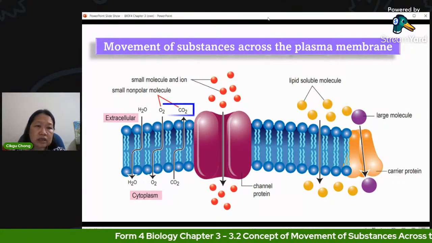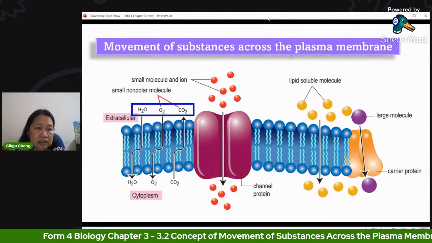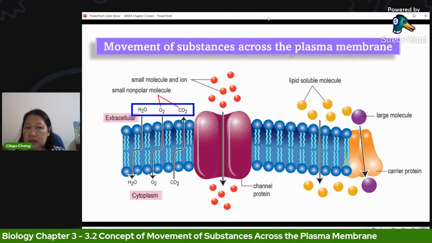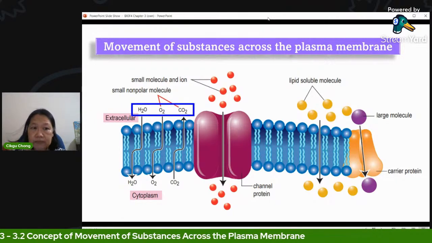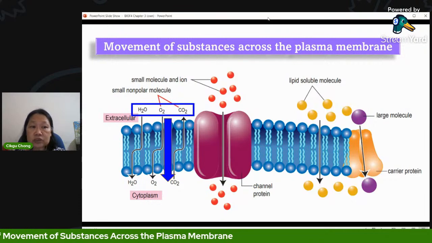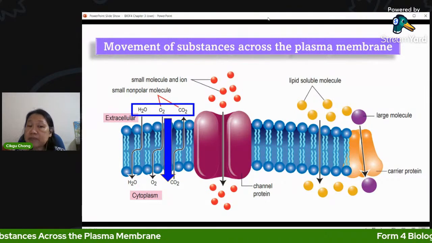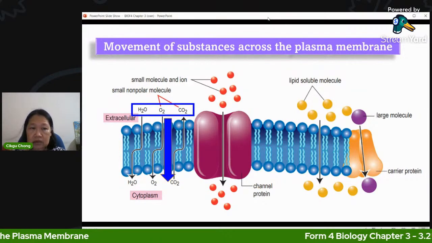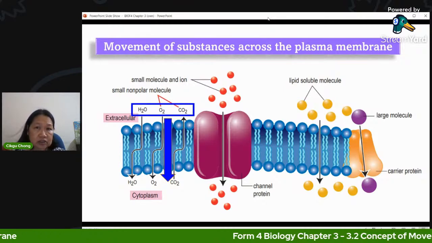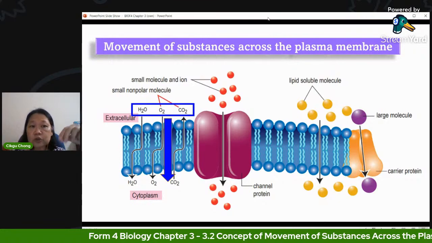The first one is COW, which is carbon dioxide, oxygen, and water. They will be able to pass through the phospholipid bilayer because they are uncharged and small, so they can squeeze through.